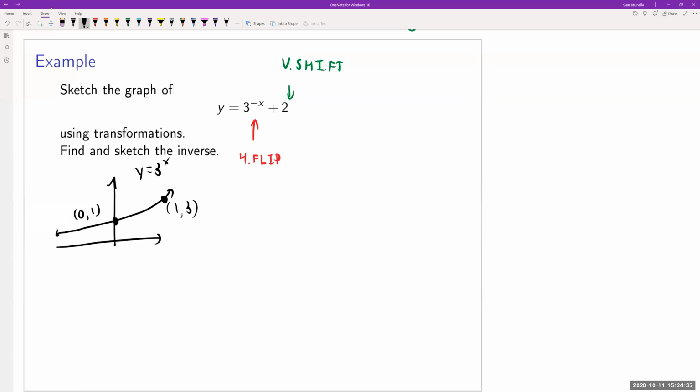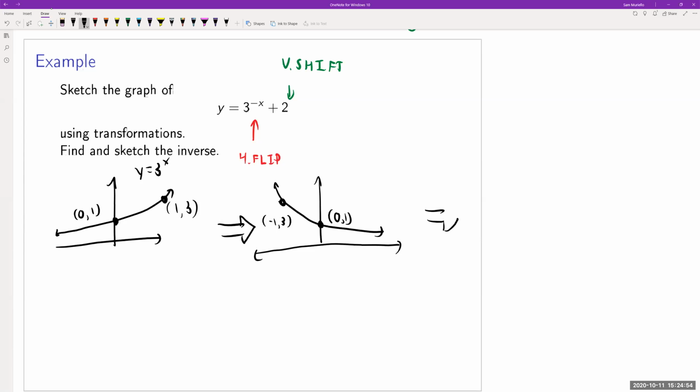Not to scale, of course, but gives us a basic idea. A horizontal flip means that we will be flipped like this, going through still 0, 1, but now -1, 3. This would be y equals 3 to the negative x.